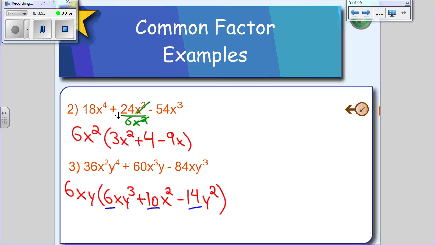And when I take that 2 out, it comes out front. And when you have 2 coefficients out front, you multiply them together. So you're going to end up with 12xy out front. And then on the inside, you're going to get 3xy cubed plus 5x squared minus 7y squared.